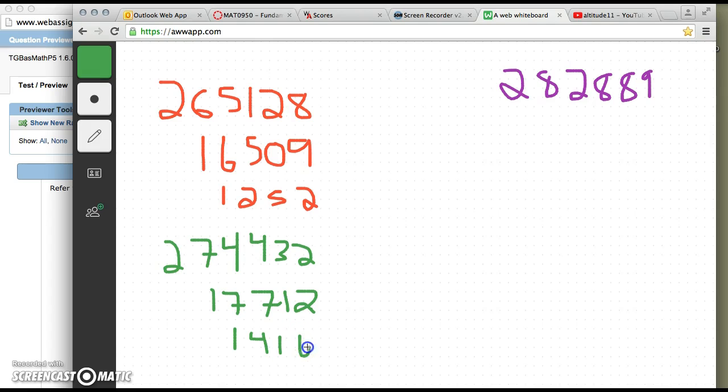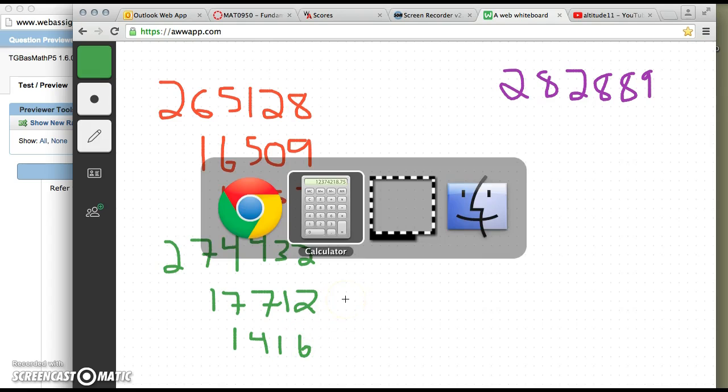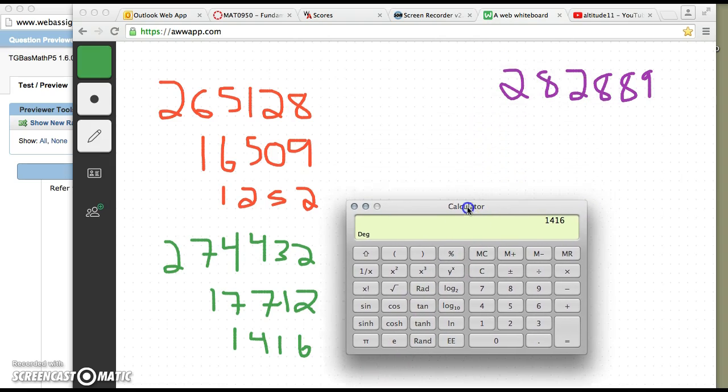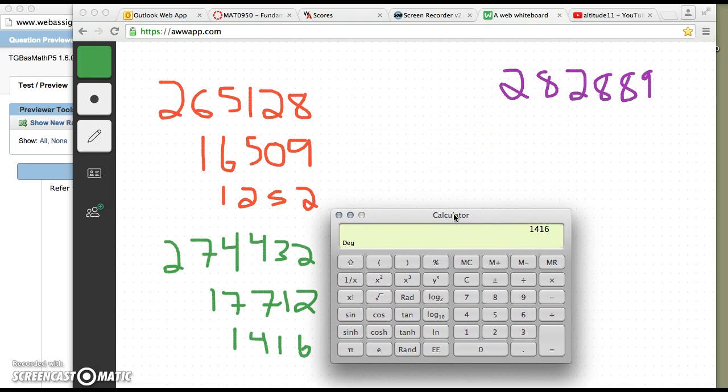Now let's add up all of these values, and that'll tell us how many total children were born in 2009 as twins, triplets, or quadruplets. We have 274,432 plus 17,712 plus 1,416.